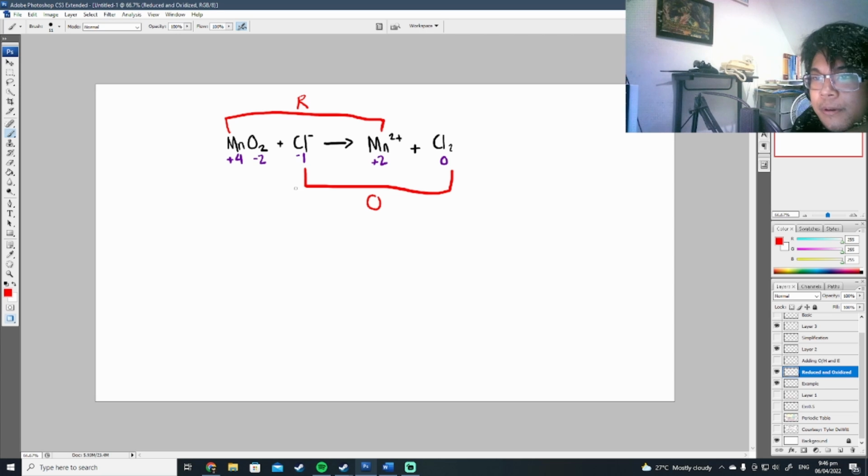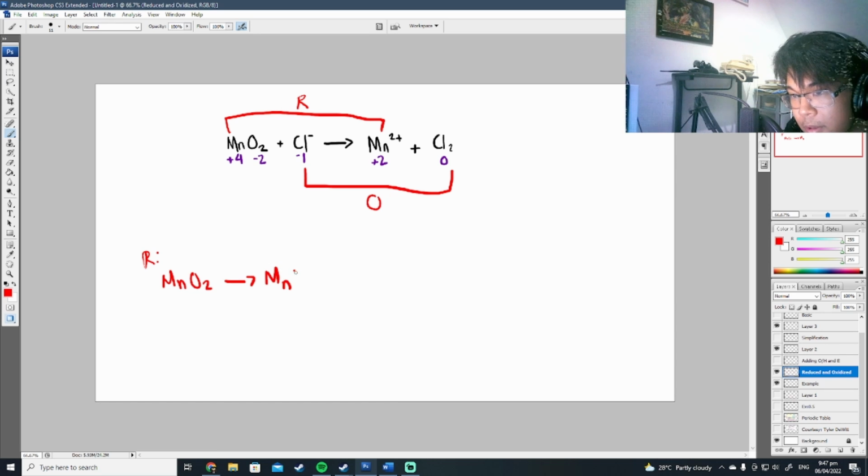Now we have determined which one is reduced and which is oxidized. We just have to write it down in half reactions. R for reduced is MnO2 and Mn2+.